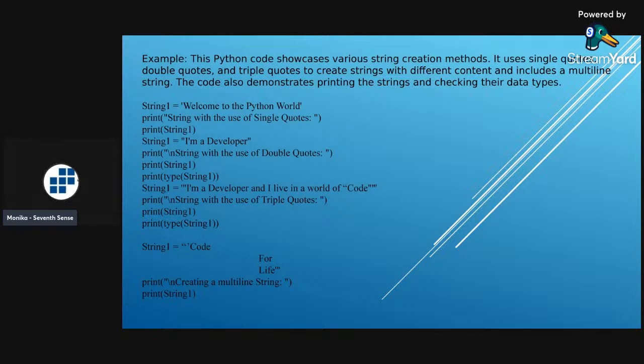So next we are using triple quotes, and next we are printing the same statement, that is, code for life, with the help of a multi-line string. Guys, understood with the definition?